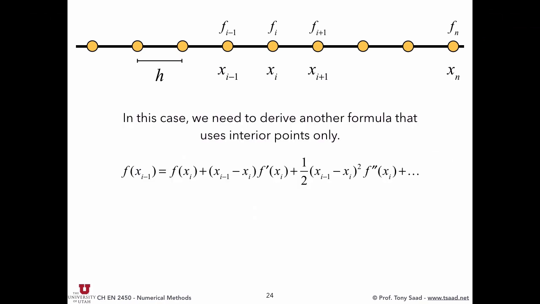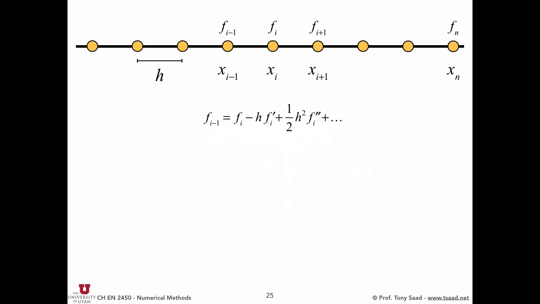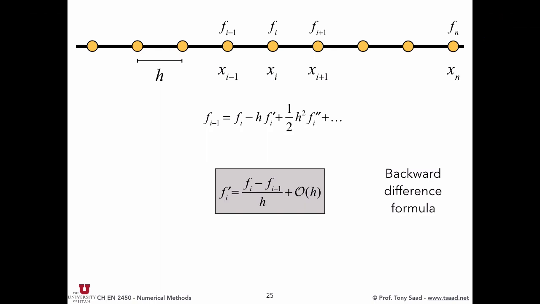We write the Taylor series at xi minus 1 around point xi, the same procedure we did. Notice you get a negative sign because xi minus 1 minus xi is negative h, or negative delta x. You solve for f prime, do the same thing, and then you get what we call the backward difference formula.